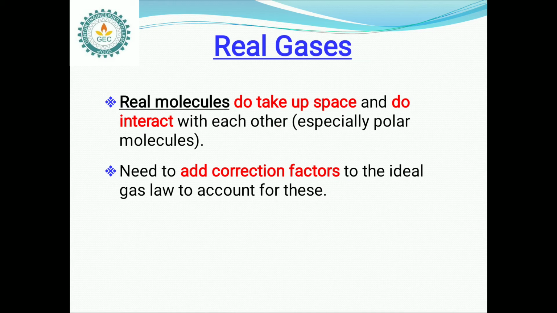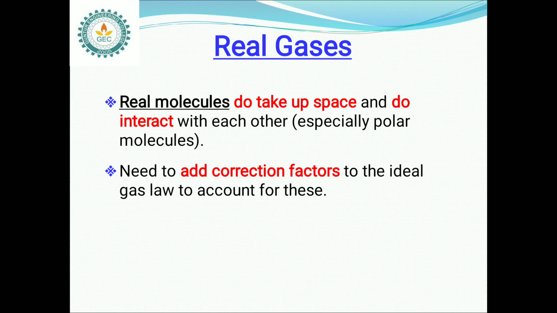In an ideal gas, the molecules don't interact with each other. It means the molecules do not bombard each other. But in real gases, the gas molecules bombard each other, so whenever the molecules interact with each other, the volume increases.